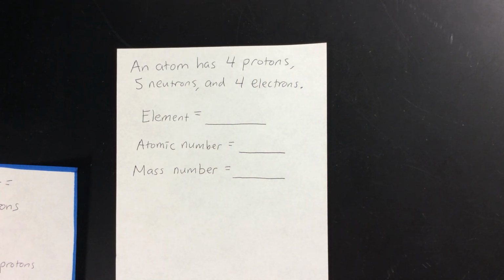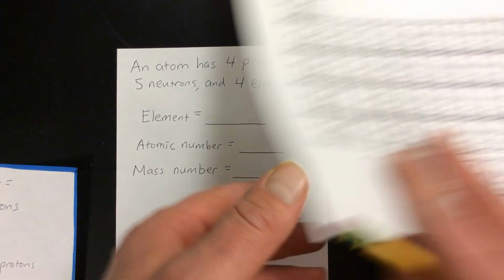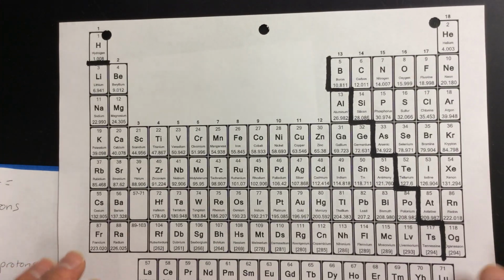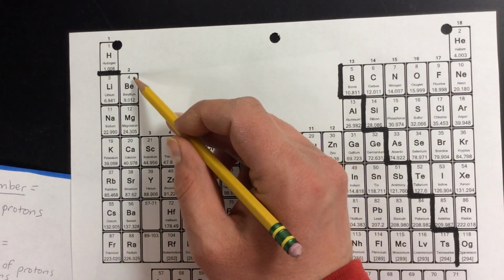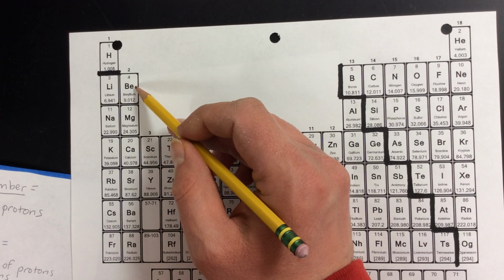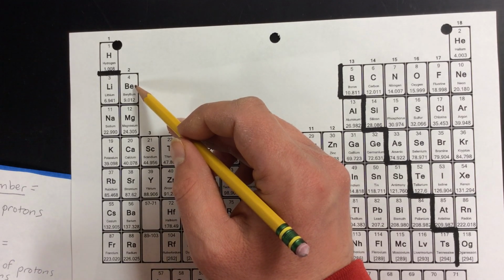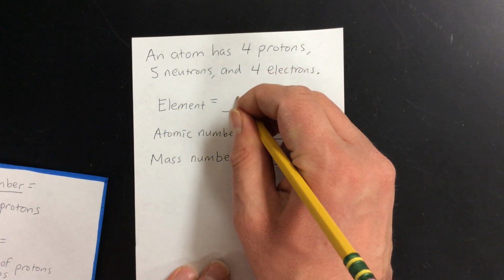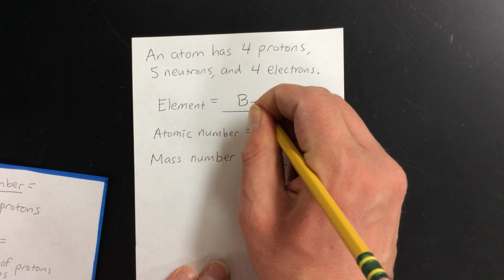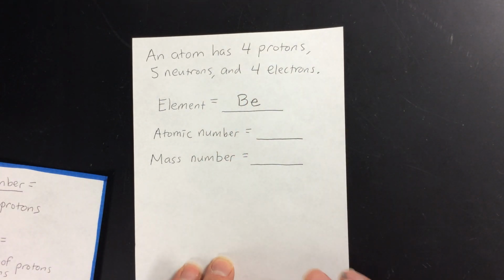Well, what I have to do next is get my periodic table and find the element with the atomic number 4. So on our periodic table here, here's the atomic number 4, right? And that is the element with the symbol Be, pronounced beryllium, right? So I know this is a beryllium atom because it has 4 protons. For the element name, you can just write the symbol Be with a capital B and lowercase e.